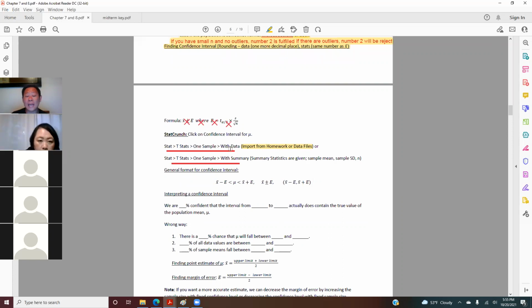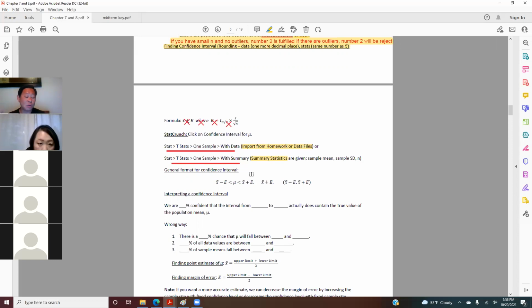With data means you have data files. So if I call you to go to, like, the Bears, the Oscar, the height and weight, or you import your data from your homework, then we go with data. If the question provides summary statistics, meaning the question gives us the mean, the sample standard deviation, the sample size, then you go to Stat, T-stats, one sample with summary.